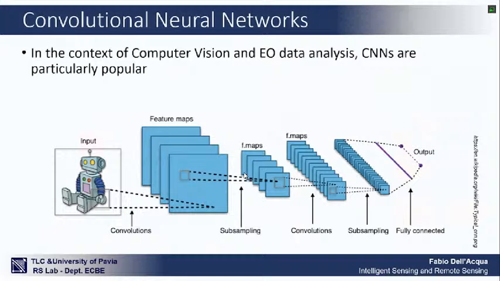Spatial information, yes. The CNN is particularly successful, especially in computer vision, but it is also used in remote sensing because it can source from the data set both spectral and spatial information.